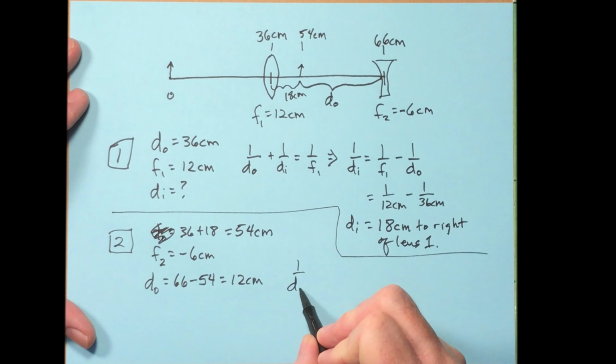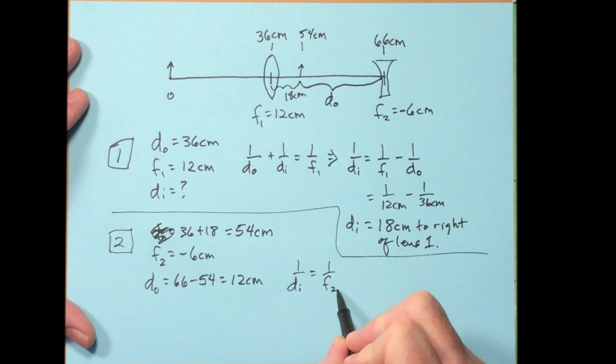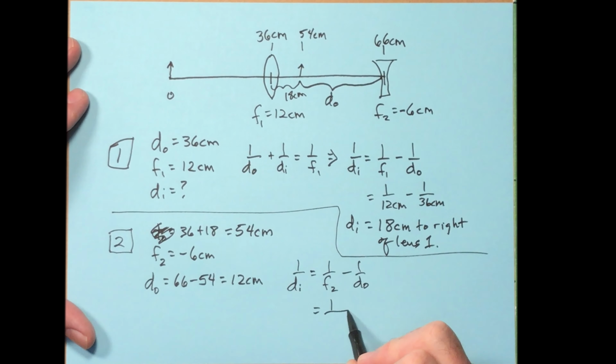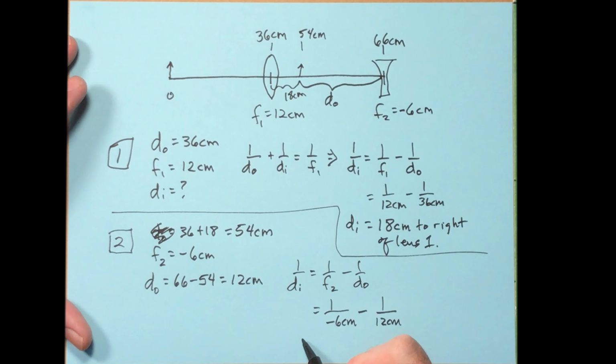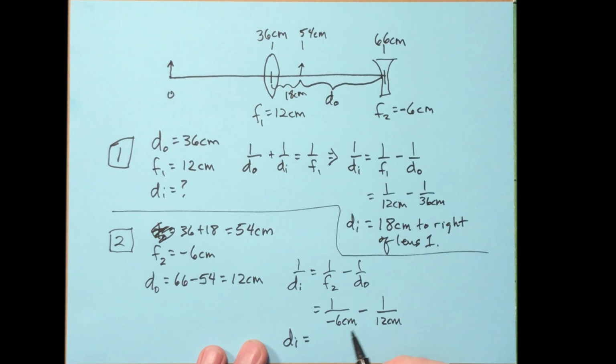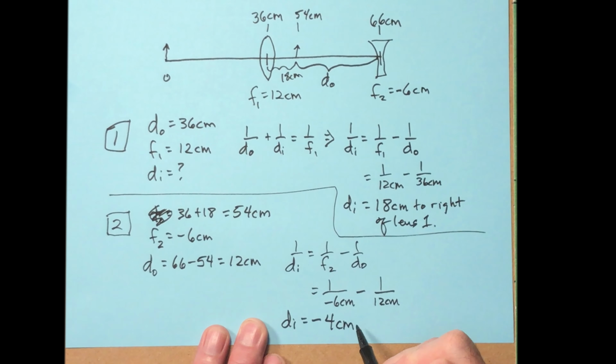1 over DI is equal to 1 over F2 minus 1 over DO. So that's going to be 1 over negative 6 centimeters minus 1 over 12 centimeters. DI is negative 4 centimeters.